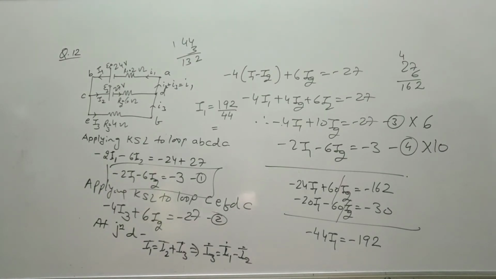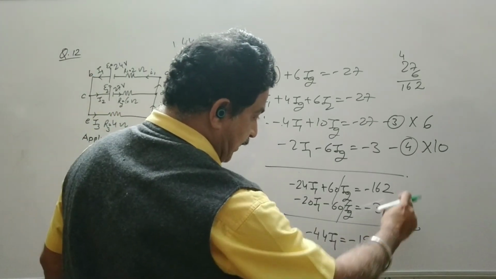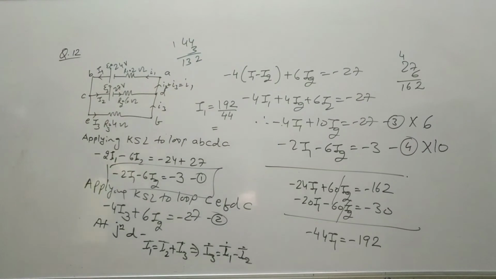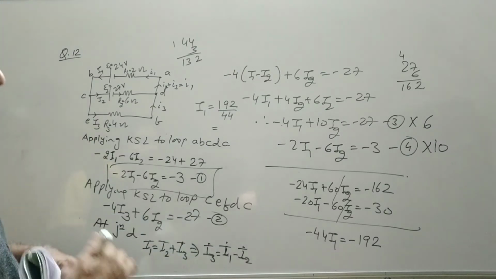We have the options 3 ampere, 3 ampere, 2 ampere and 1 ampere. So 44 threes are 132, but here we have added this equation and it is 192.